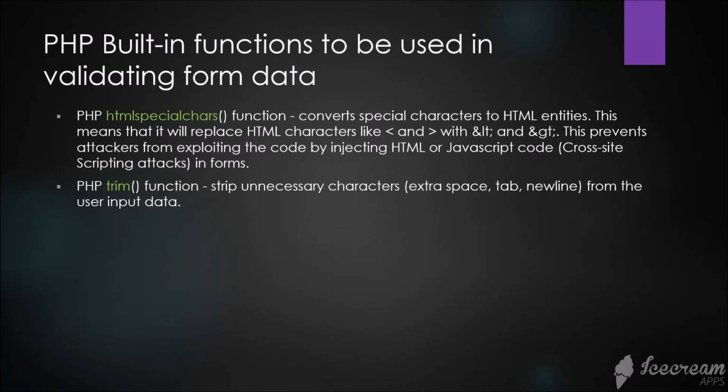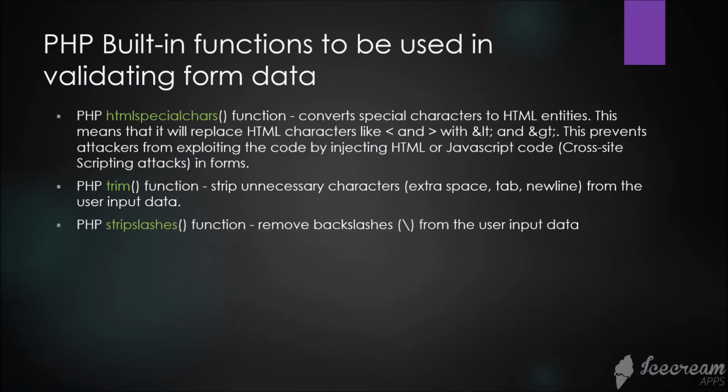Other than that, we have the PHP trim function, which strips unnecessary characters like extra spaces, tabs, or new lines from the input user data. Basically, it strips characters from both the left and right sides. Those are the extra spaces; that's the use of the trim function.